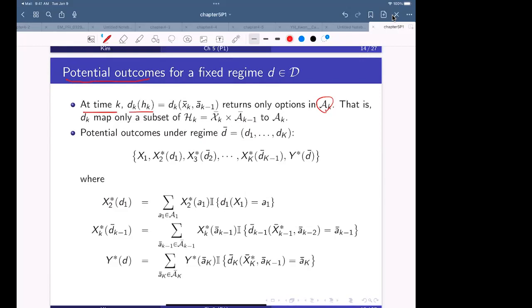By the way, this D K depends on the history at that time. So for time 2, the history is 1, so it uses the x1. Given x1 and the rule, we know which A it chooses, so you can find the corresponding A1.